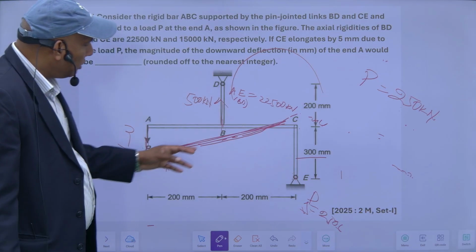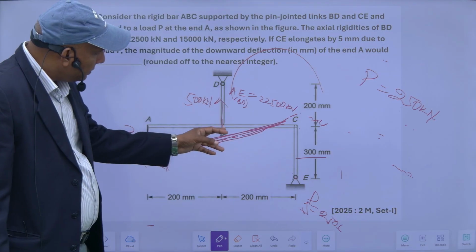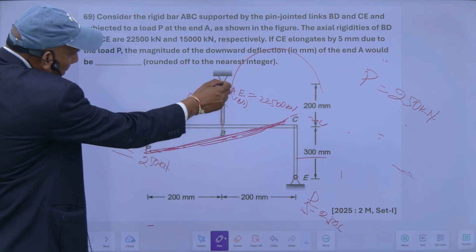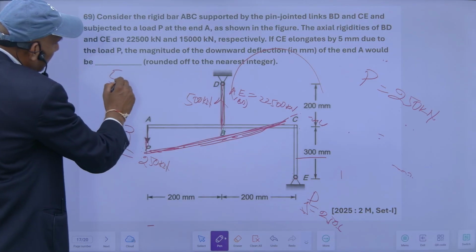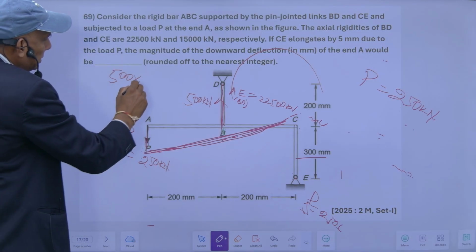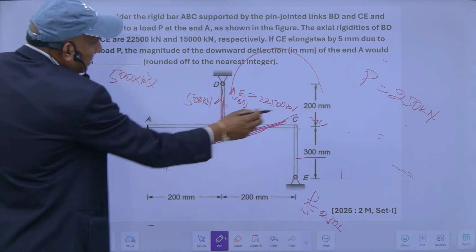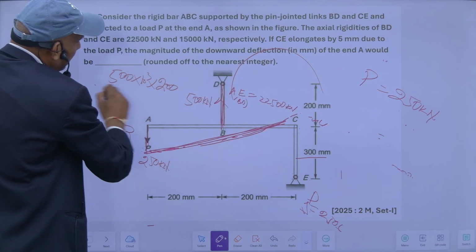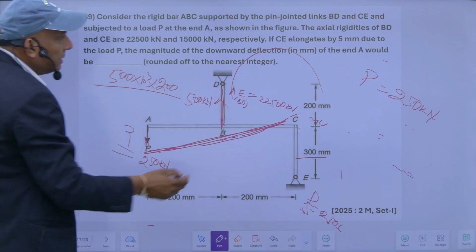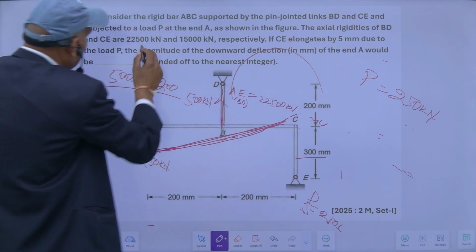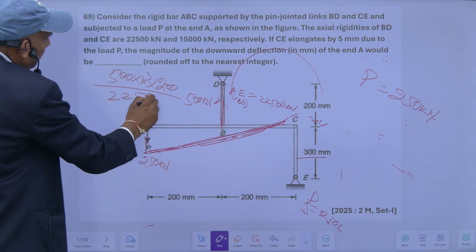Now how much will be the deflection here? So this deflection is equal to the force in this rod, this is 500 kilonewton, into its length, this is 200, divided by its AE. AE of this portion is how much? This is 22,500.